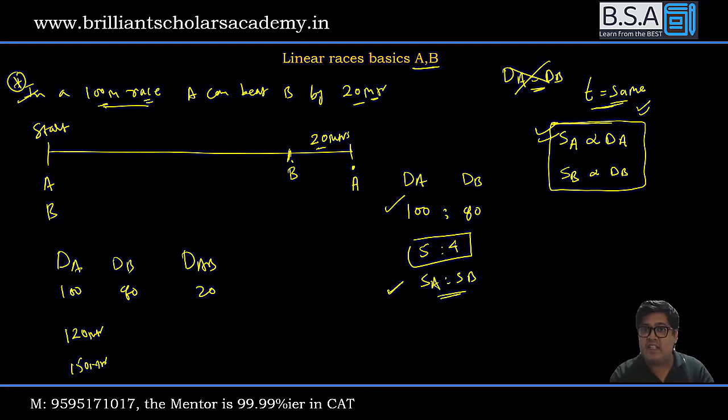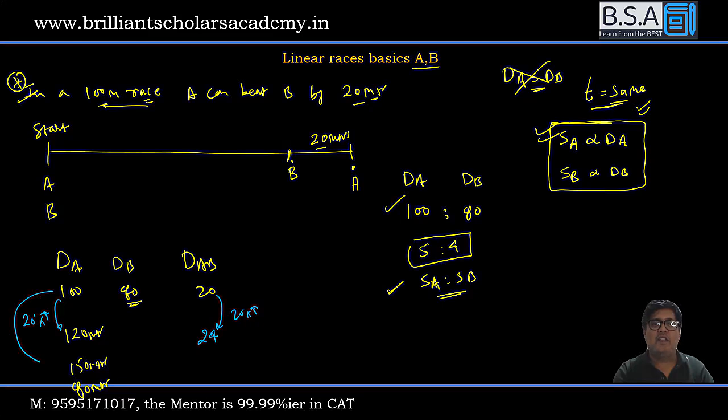What if I change it to 80 meters? Do I have to find out the value for B? No. You observe, from here to here, there is a 20% increase. So A will beat B by a 20% larger gap, 24 meters.